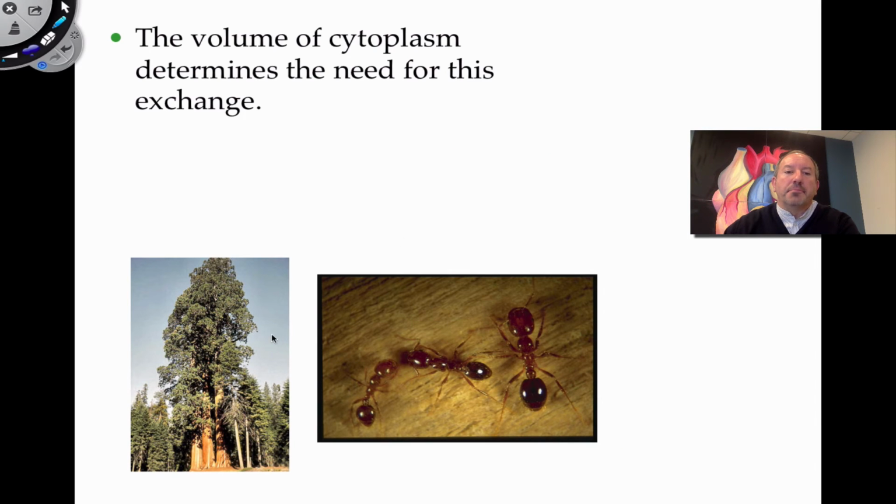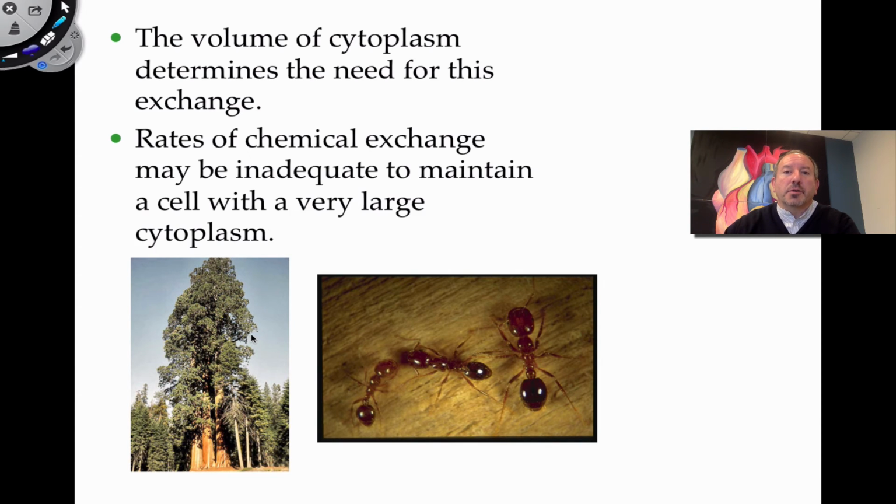And so, again, one of the great organisms of the world, the largest tree, the great sequoia, it's huge. Does it have huge cells? No, it does not have huge cells, because it wouldn't be able to handle it. And so even a big organism has small cells, and even a tiny guy like an ant is going to have tiny cells.